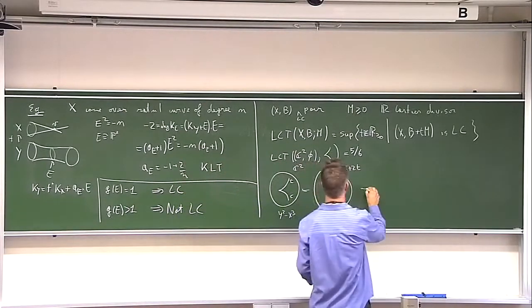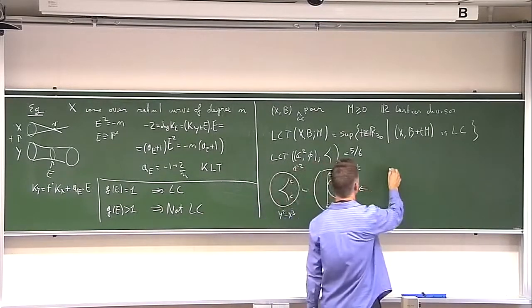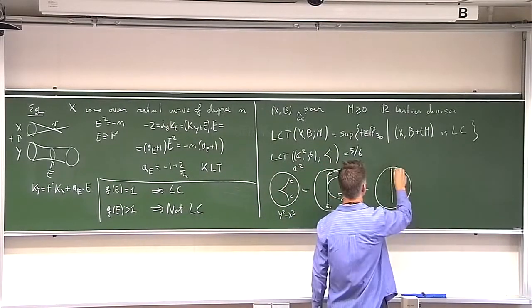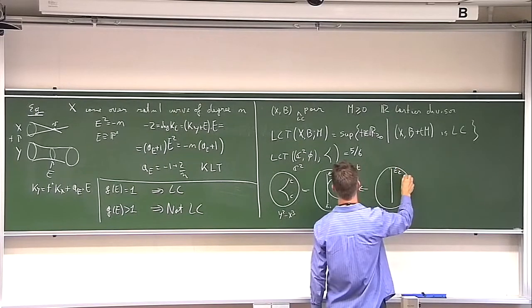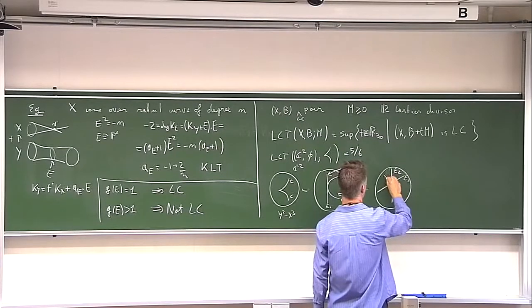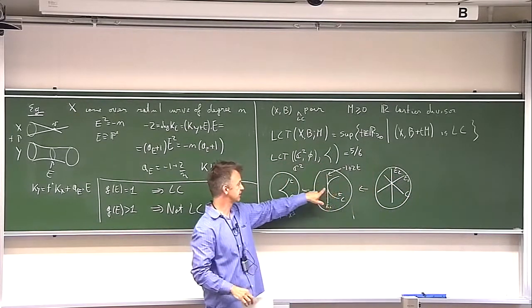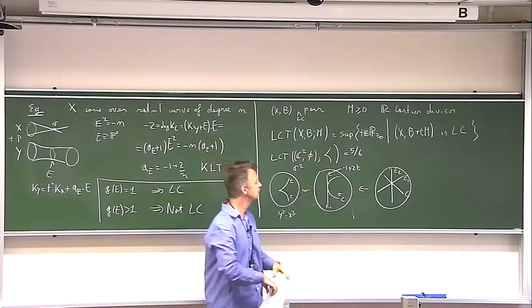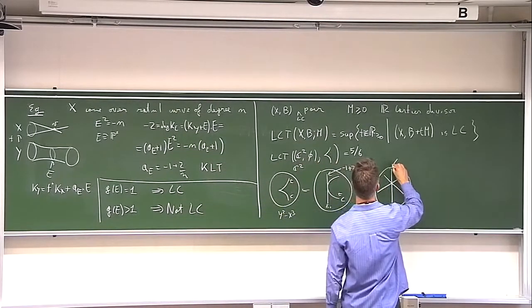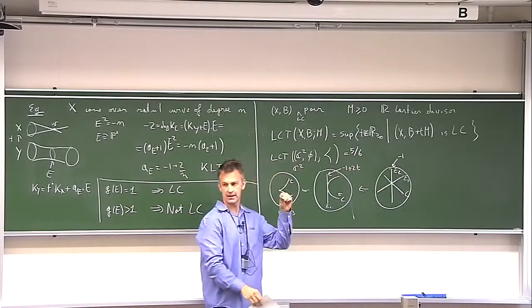The next step is to blow up the only place where stuff is not simple normal crossing, the origin. And we get a new exceptional divisor, E2. And then we get the strict transform of E1 and the strict transform of C. They intersect in one point, right? Because they both have the same tangent direction at the origin. Now, the coefficient of E2, we get a -1 coming from the fact that we're blowing up a smooth point.